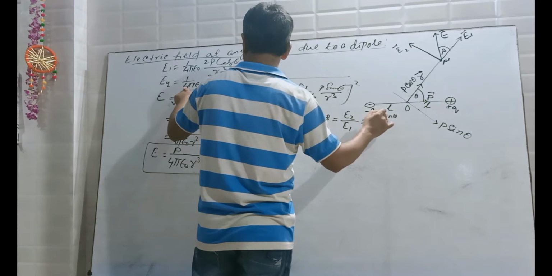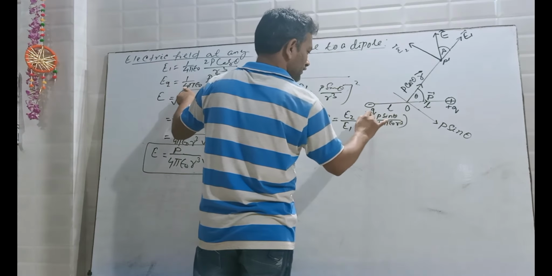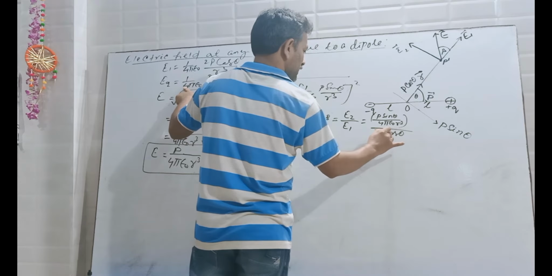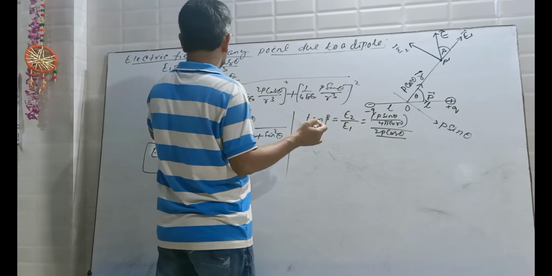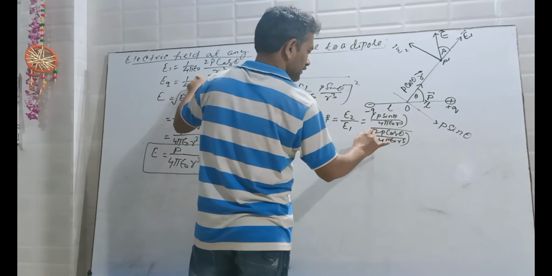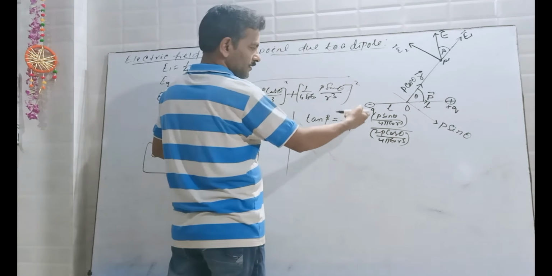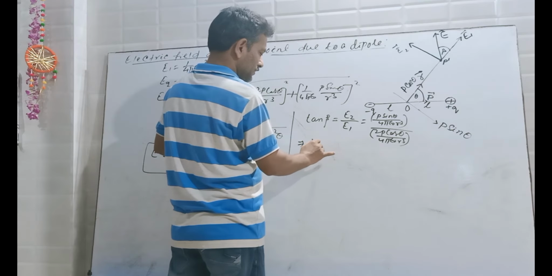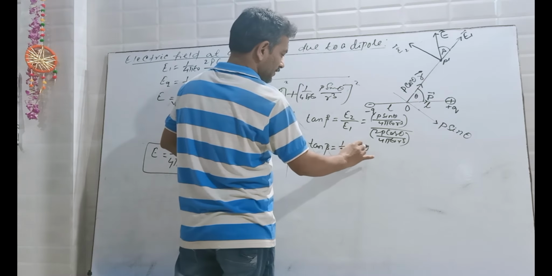P sin theta by 4 pi epsilon naught R cube, divided by 2P cos theta by 4 pi epsilon naught R cube. So it will be sin theta by cos theta, half tan theta. So tan beta is half tan theta.